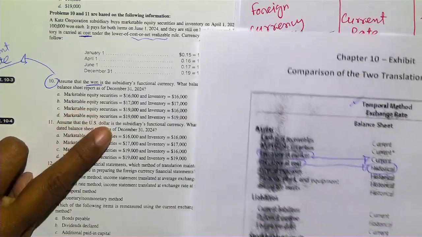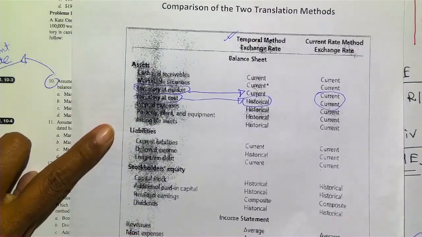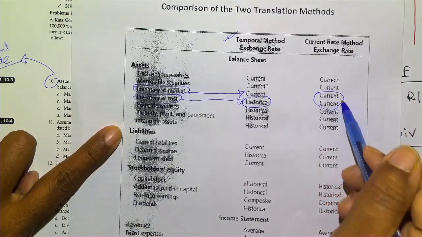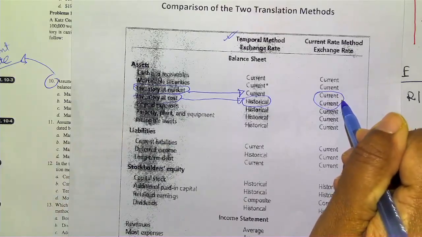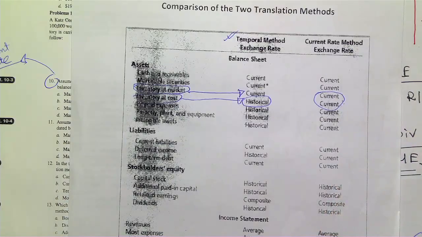Mark, you have the cheat note. Current rate means what rate we are going to use? For both items, we are going to use the current rate. Current rate means which day? Eddie, which day do I have to look at? December 31st, the last day.